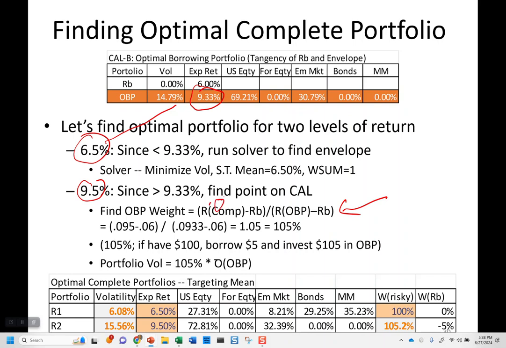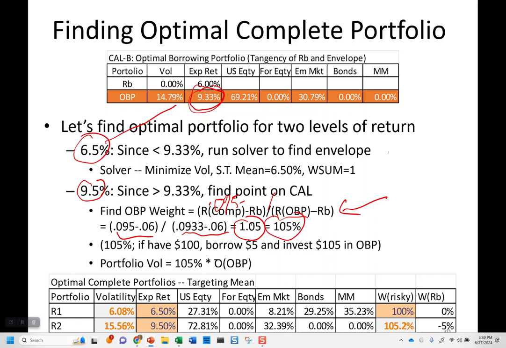My 9.5%, take that minus RB, divided by the mean return of the optimal borrowing portfolio, 9.33 minus RB. So it's 9.5 minus 6%, divided by 9.33 minus 6%. That is equal to 1.05, or 105%.